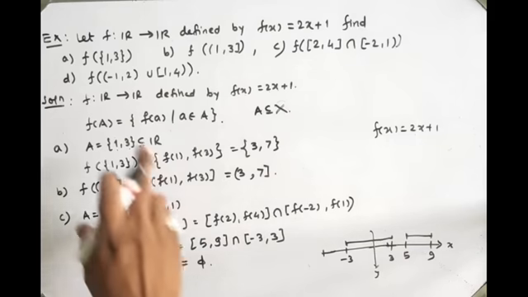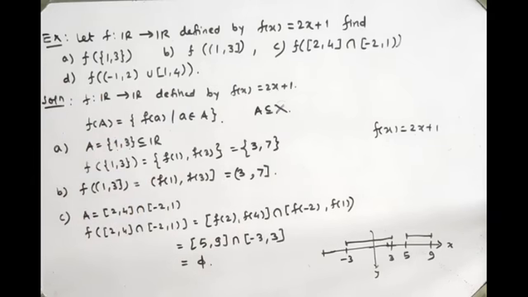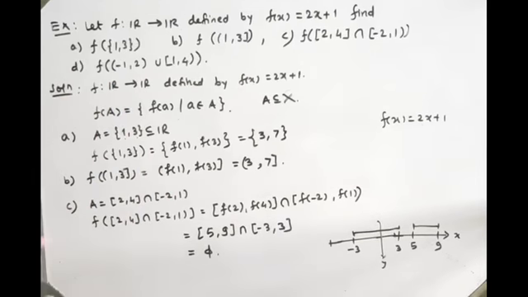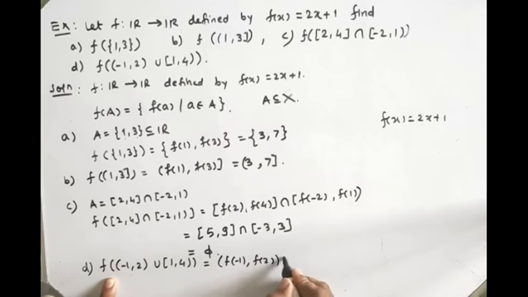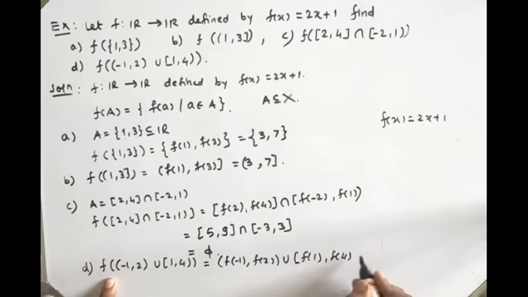Now the last one: f of (-1, 2] union [1, 4). So the last one, part D, is f of (-1, 2] union [1, 4), which is equal to the image: f of -1 comma f of 2, open interval, union f of 1 comma f of 4, open interval.